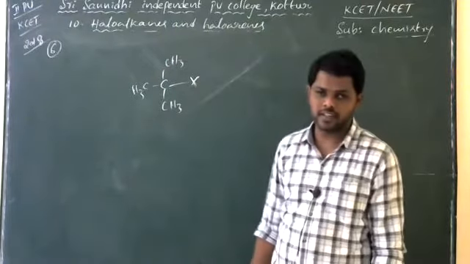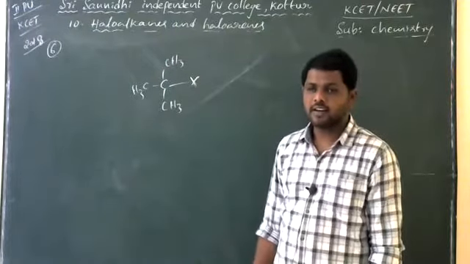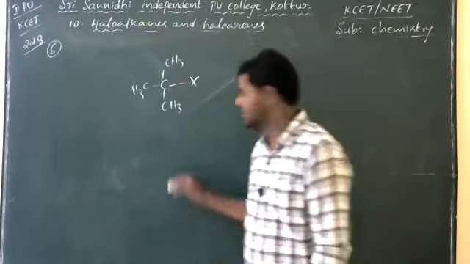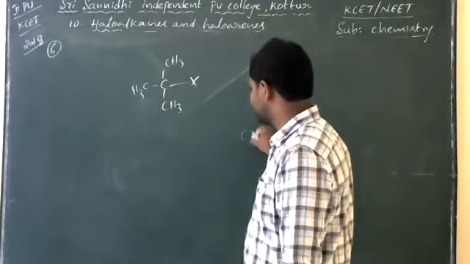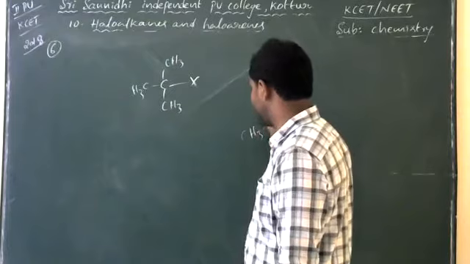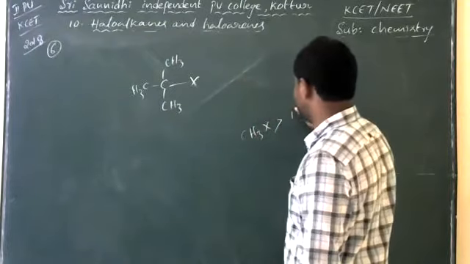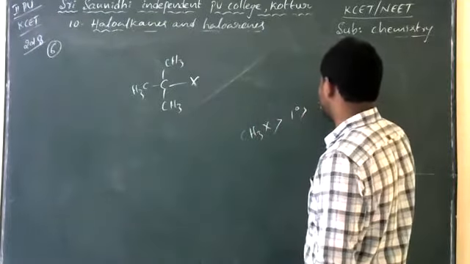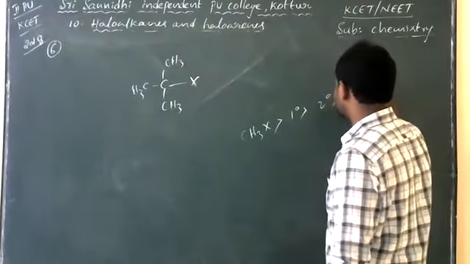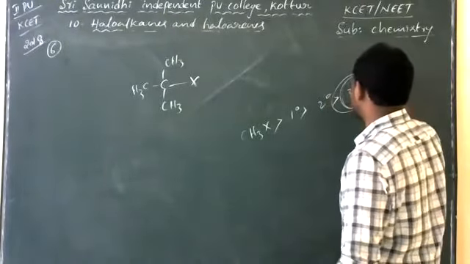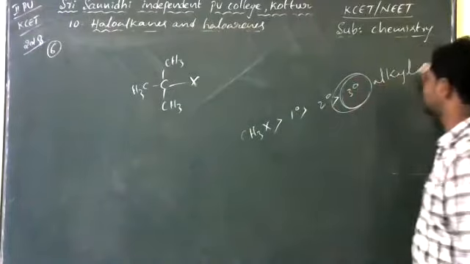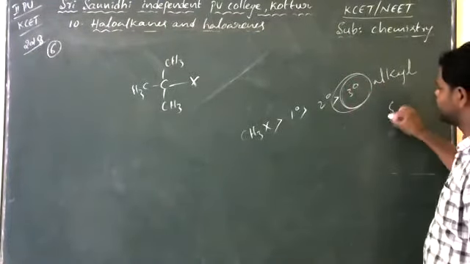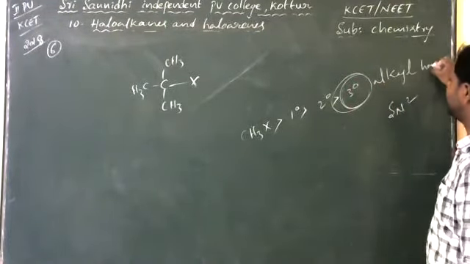In the SN2 mechanism, methyl halides are more reactive. Next, primary alkyl halide, secondary alkyl halide, tertiary alkyl halides. Almost all tertiary alkyl halides are inert towards SN2 substitution reactions.